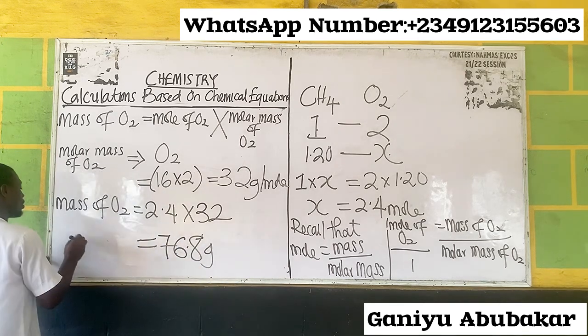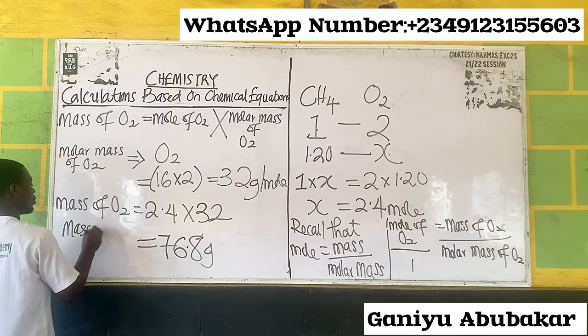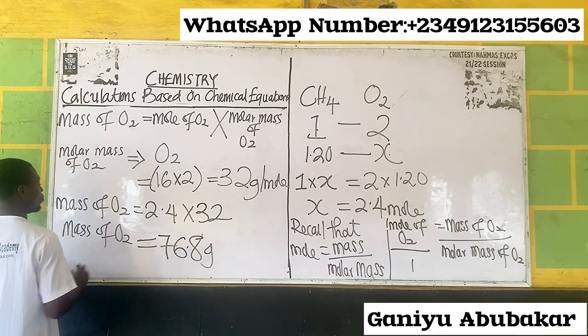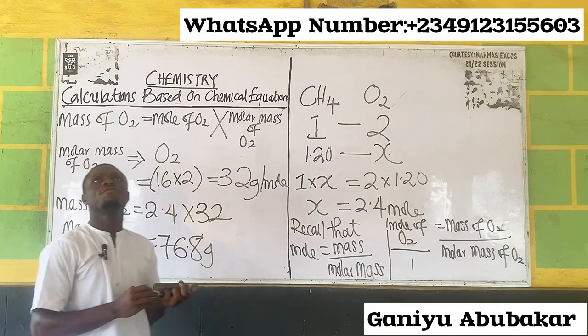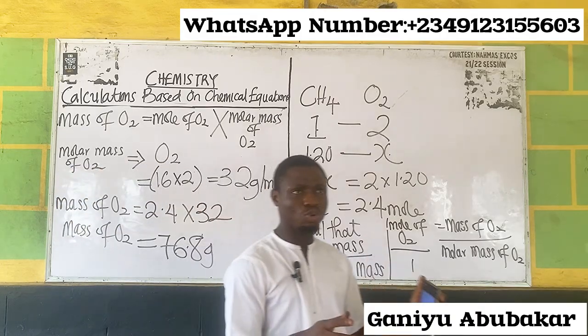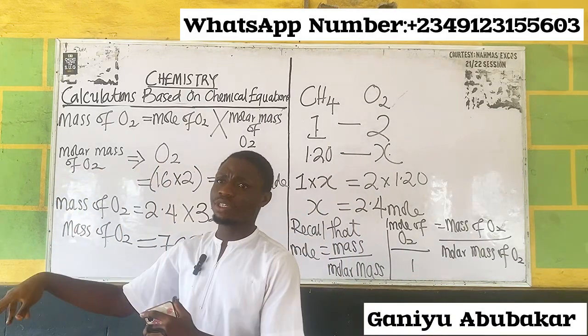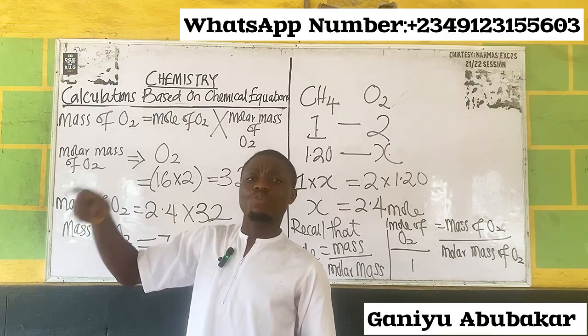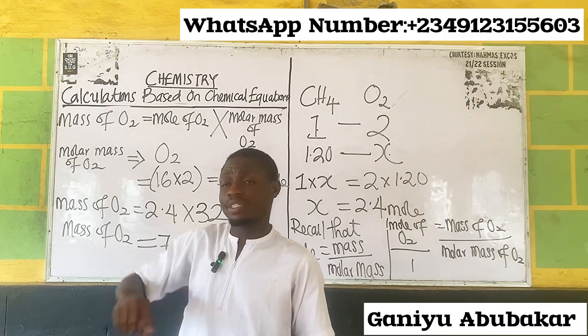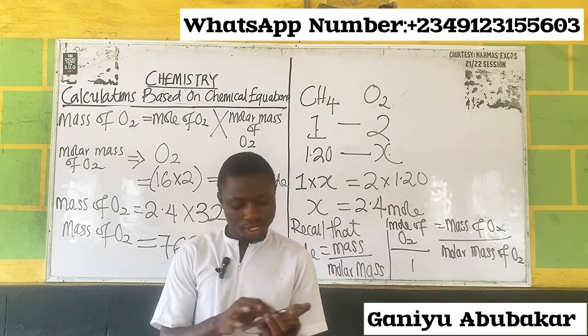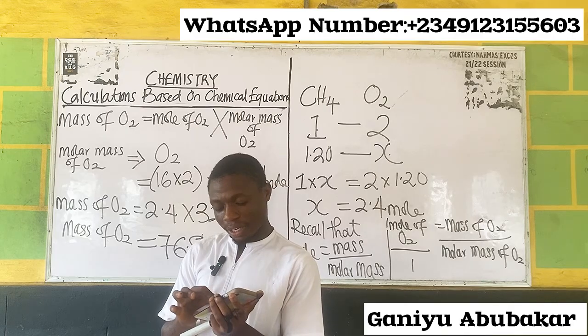This is the mass of oxygen we are asked to calculate. Now, our first calculation was just mole. After looking for mole, we stopped. Here, after looking for mole, we now look for the mass of that element. That's how we work with this second part here.